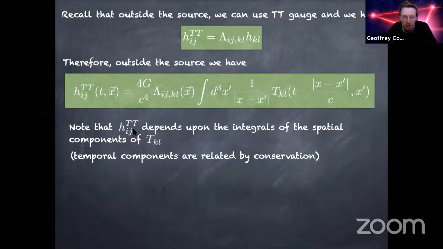Note that this metric perturbation depends upon the integral of the spatial components of T. And you might worry why the energy of the matter does not appear here. In fact, the temporal components are related by the stress-energy conservation, so indirectly they matter.